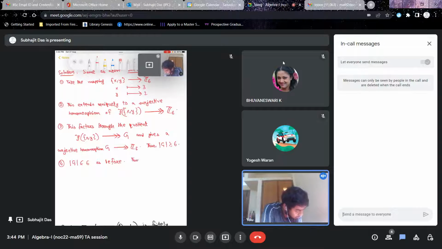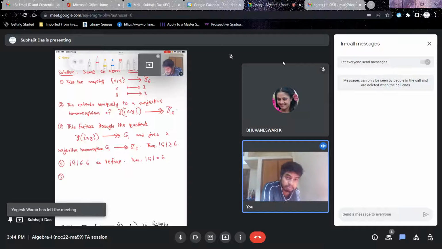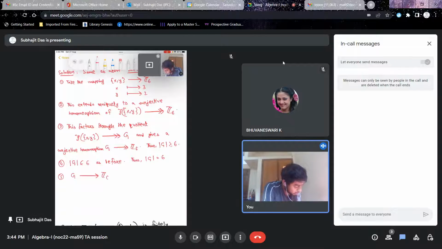Thus combining 3 and 4, we get the cardinality of G is equal to 6, and 5 therefore says that this map that we have from G onto Z6 is bijective, an isomorphism.